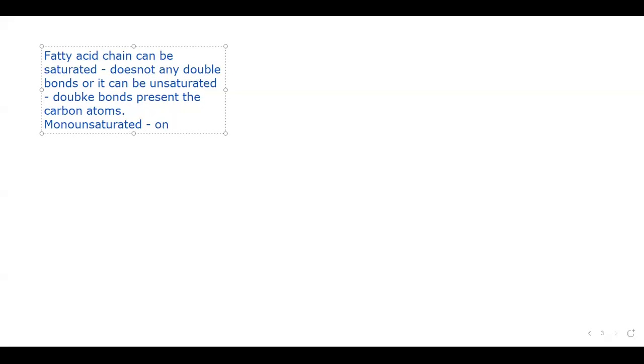And what if we have more than one double bond? If there are multiple double bonds present, we have polyunsaturated, which suggests that multiple double bonds are present.